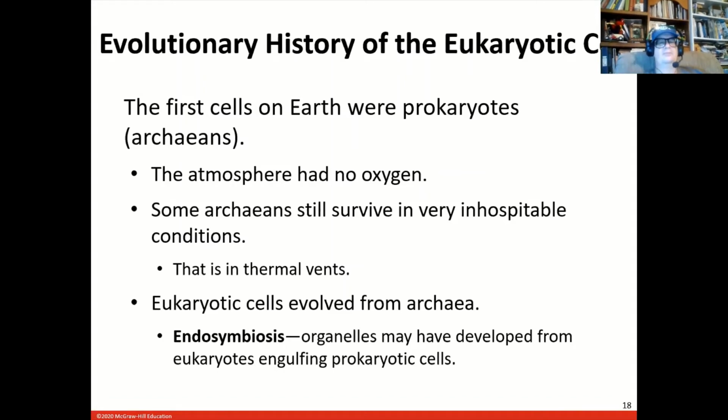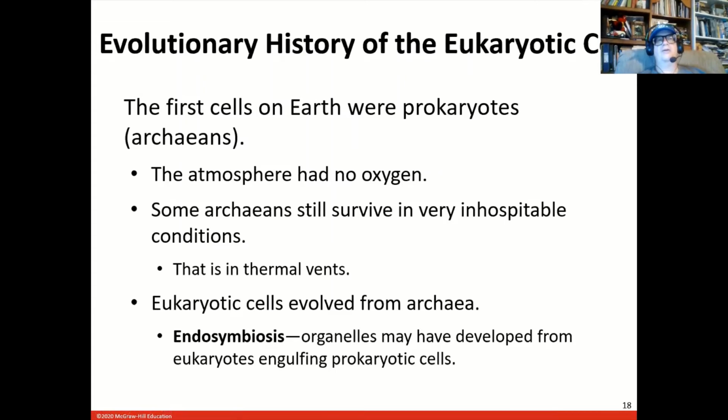Anyway, moving on. Back to what they're saying here. Early atmosphere is thought to not have had oxygen. The main reason for that is because oxygen tends to be very corrosive and break chemicals down. And when it's saying some archaeans still thrive in very inhospitable conditions, hot vents, totally true.